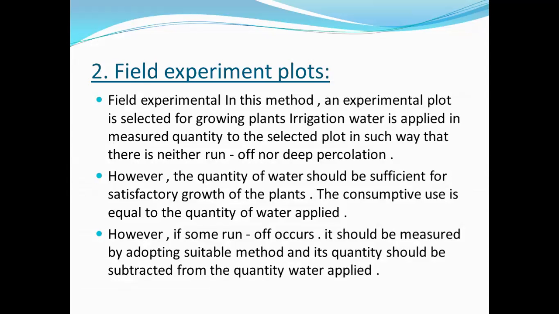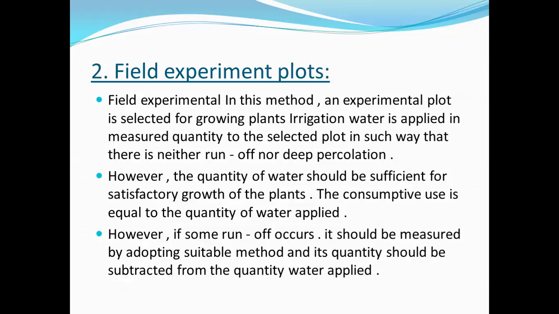Next one is the field experiment plots. In this method, an experimental plot is selected for growing plants. Irrigation water is applied in measured quantity to the selected plot in such a way that there is neither runoff nor deep percolation, right?